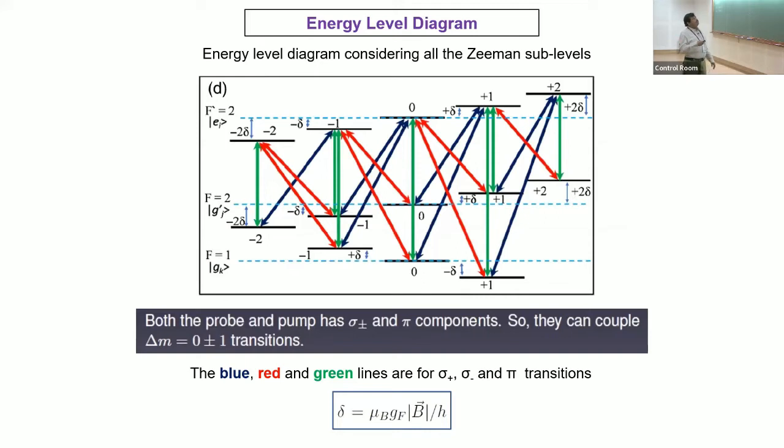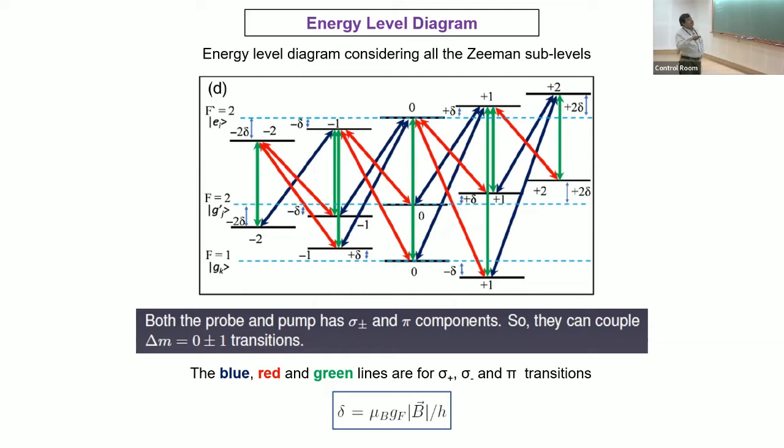This is the picture you get, where both the probe and the pump have sigma plus, minus and pi components. So they can couple to delta M equal to 0 and plus or minus 1 transitions. In this picture, this is the energy level diagram, and the blue, red, and green ones are for the sigma plus, sigma minus, and pi transitions. And this is the zero energy level.